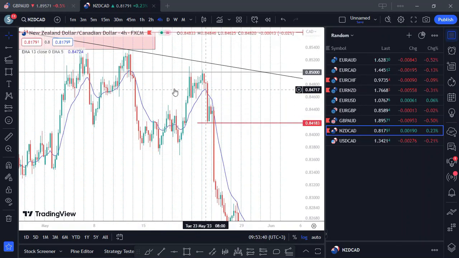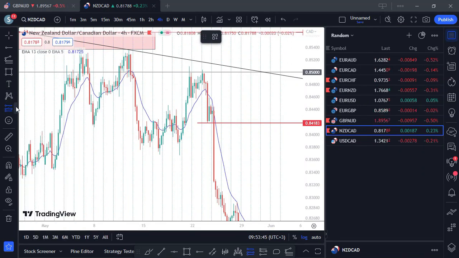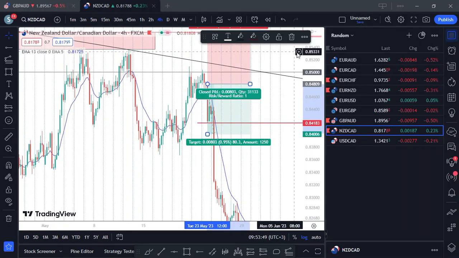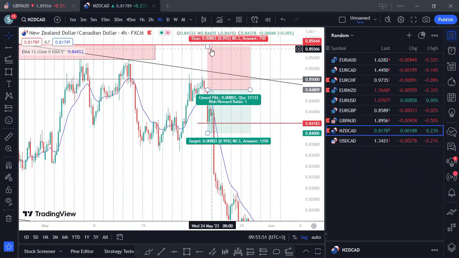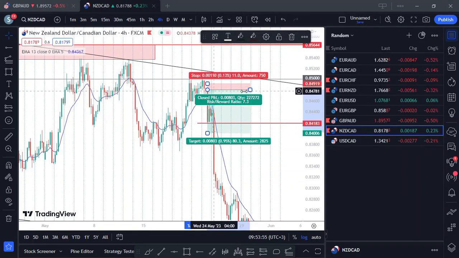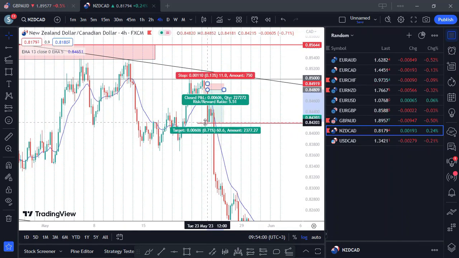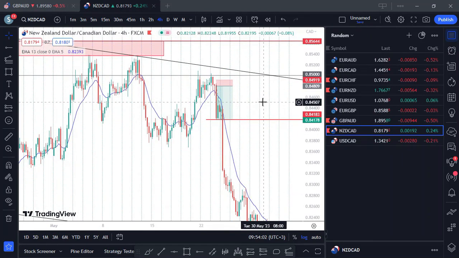So I took my entry in this area here, and I think it was around 11 pips stop loss, and then I bagged around 60 pips, just like that.